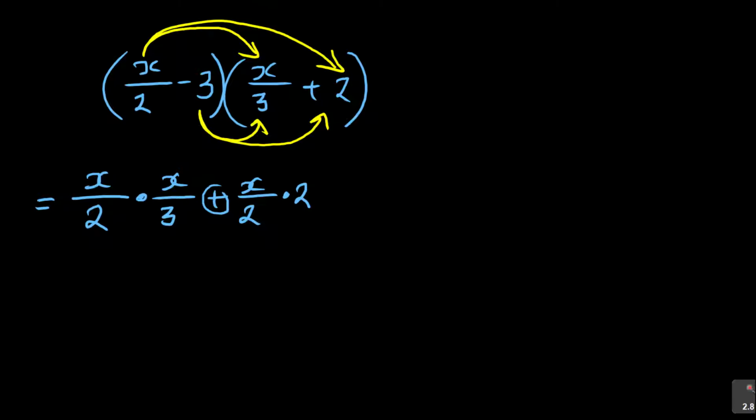It's times 2. And then always have a positive. It's minus 3 times x over 3. I think that's one. And then the next one is what? Plus minus 3 times 2. I think that.